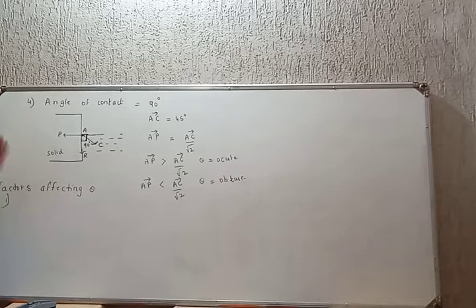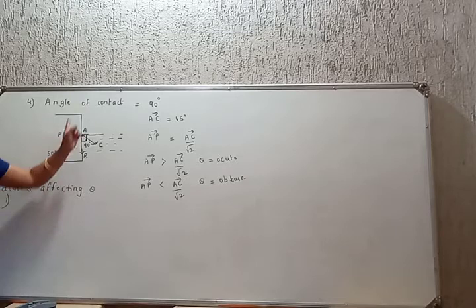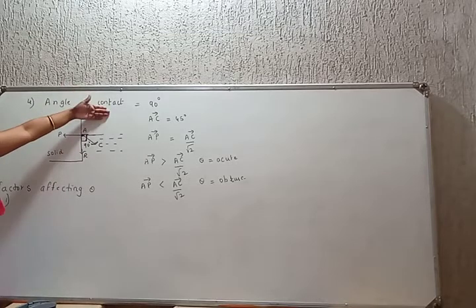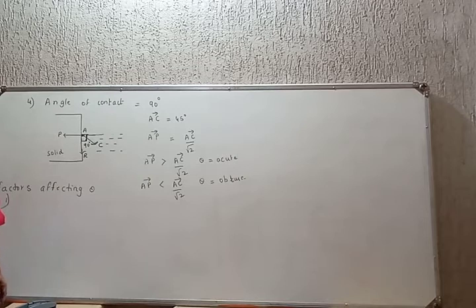Next, it also depends on the temperature of the liquid or temperature of the surface of the medium above the liquid surface. I repeat, the angle of contact depends on three important factors: the nature of the solid and liquid in contact, the temperature above the liquid surface, and the impurity added to the liquid.